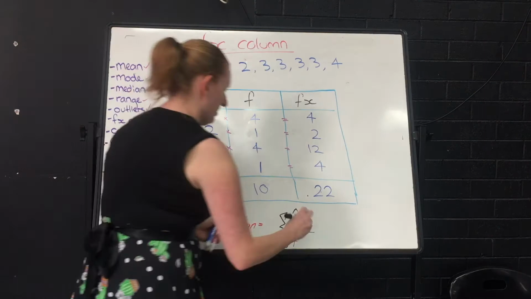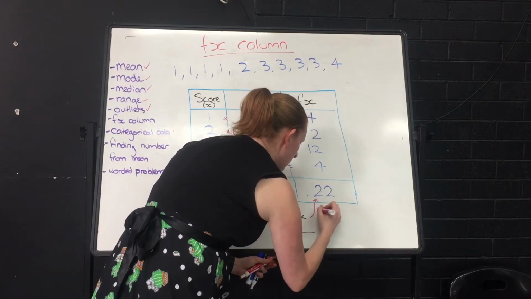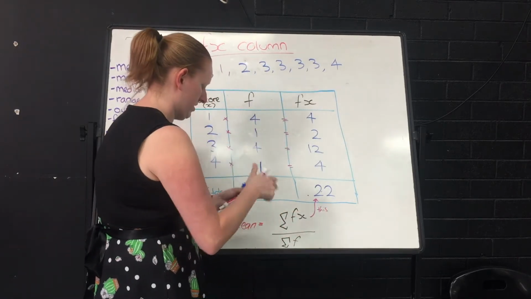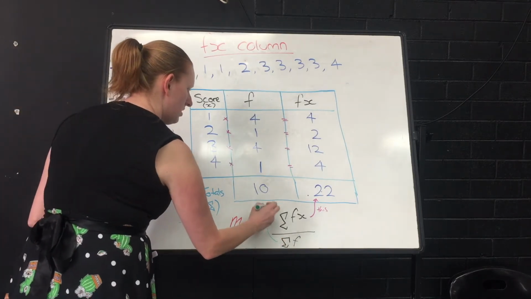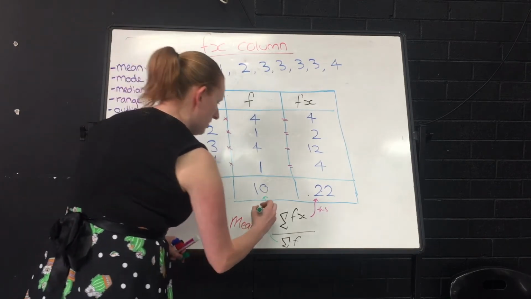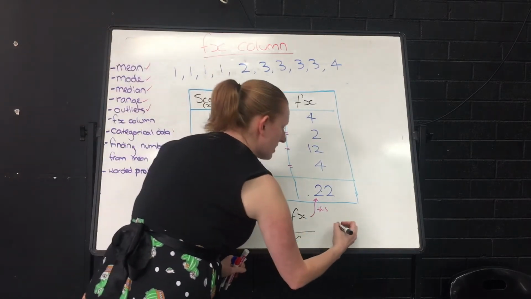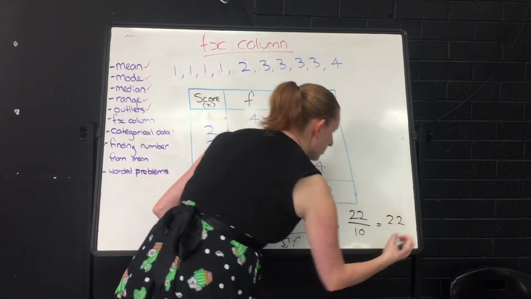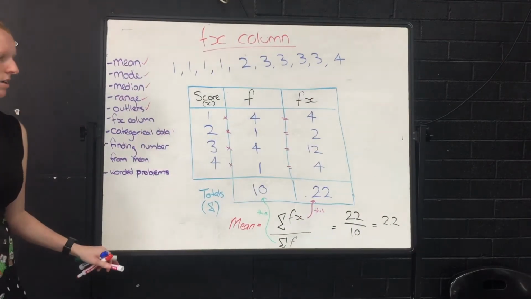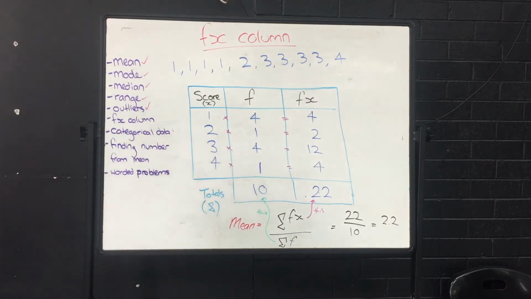In other words, this divided by this. So what that's going to be is 22 divided by 10, which will be 2.2. Don't be thrown off by this weird little symbol. It used to stump me sometimes. All it means is total.